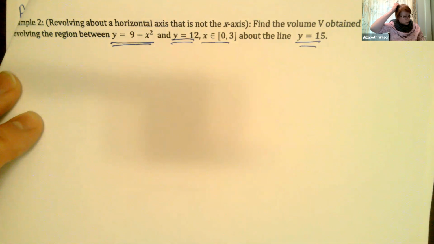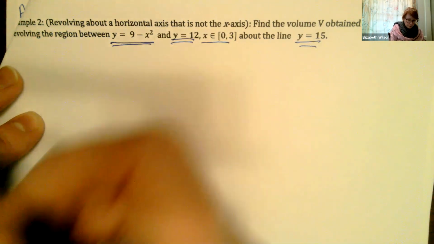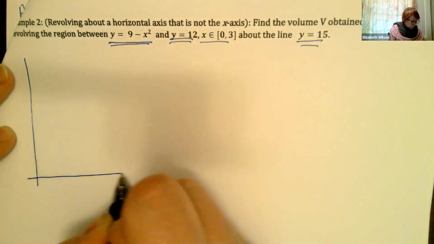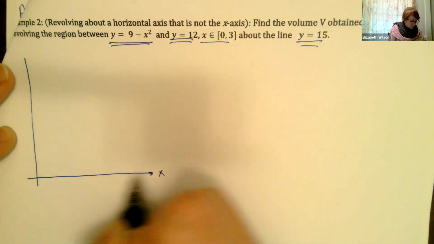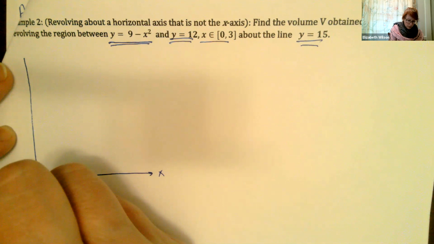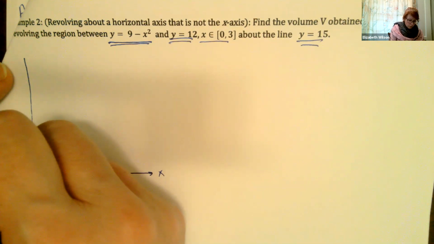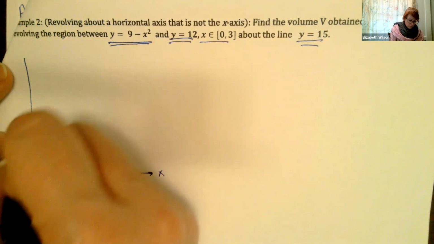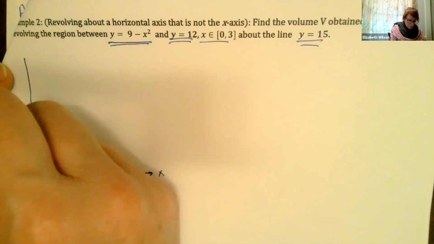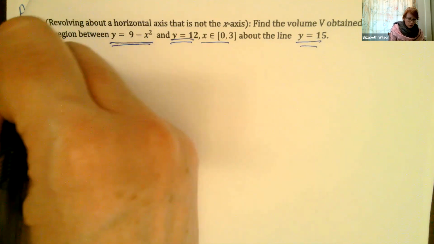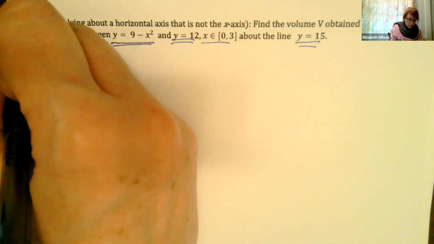So I'm going to graph all this stuff out just because I like to picture it. So here's x. I think 3, 6, 9, 12, 15, 18, 21, 24, 27, 30.